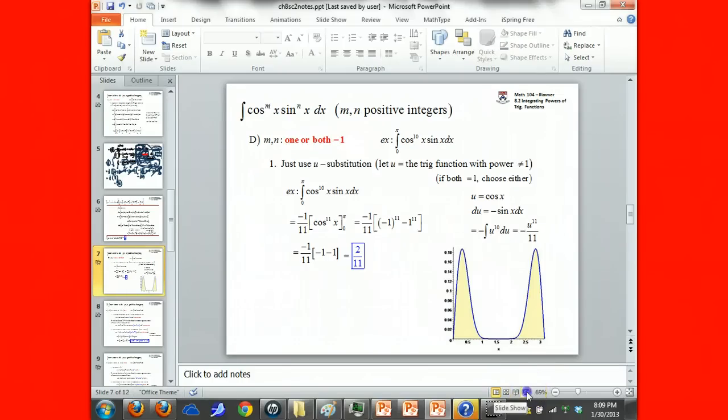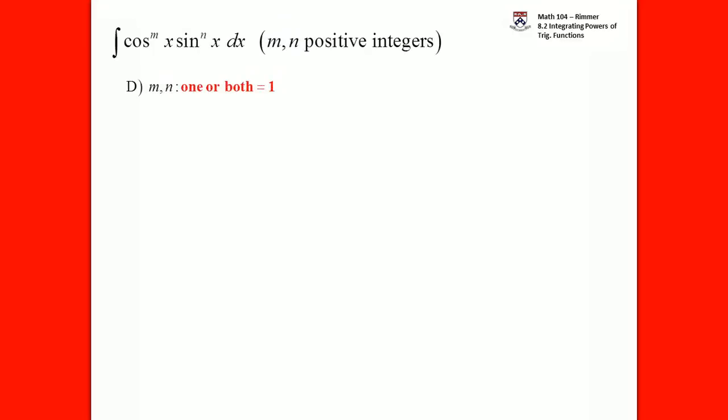Okay, and then finally, odd present, you go through the whole u sub; no odd present, half angle. What about if one of them has the power 1? This is a gift.